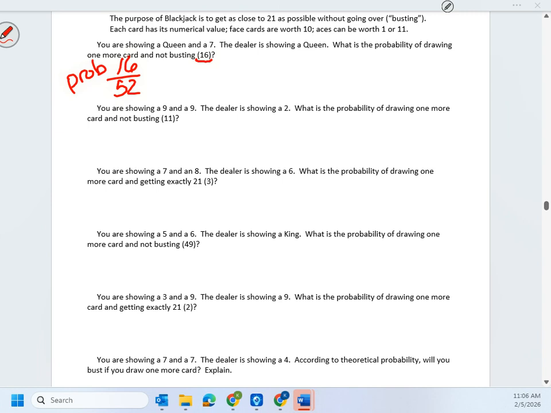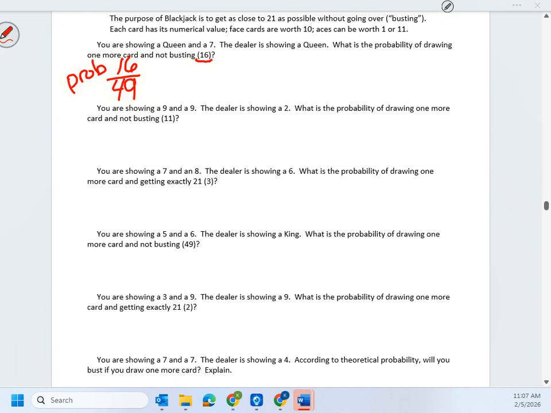There's already 3 cards being used. 2 are turned up for you, 1 is turned up for the dealer. So it's not 52 cards left. We have 49 cards left in the deck. Does that make sense? So 3 cards were already taken out of the deck, so you have 49 total outcomes left to choose from.